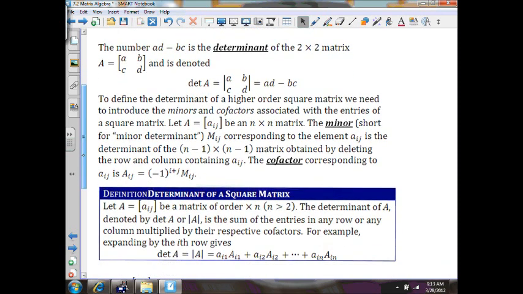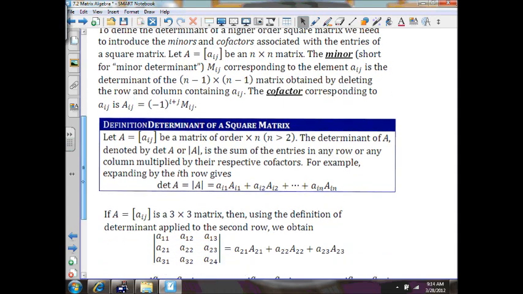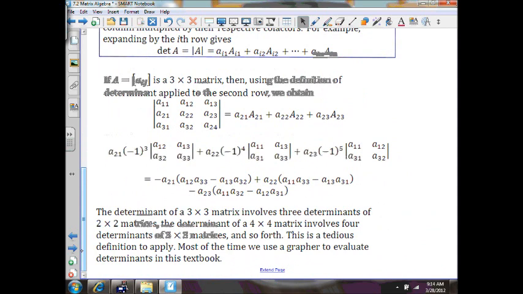To define the determinant of a higher order square matrix, we need to introduce the minors and cofactors associated with the entries of the square matrix. The minor corresponds to a shorter 2 by 2 matrix. Really, finding the determinant of any larger square matrix is very, very tricky.